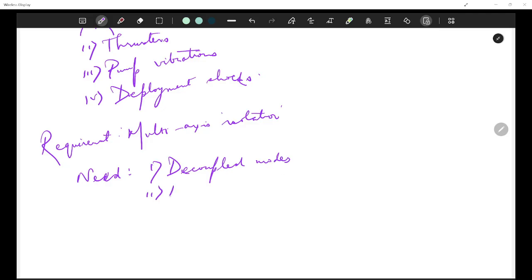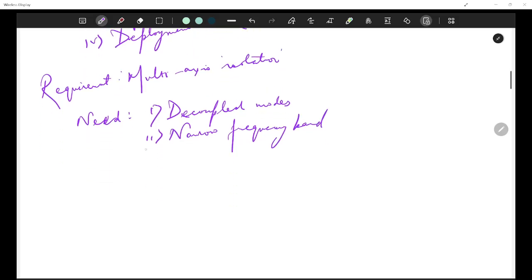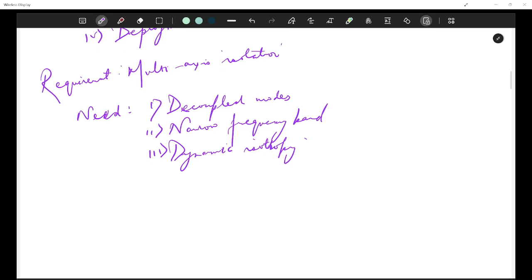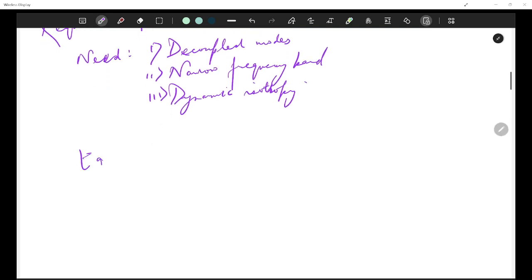And we need a narrow frequency band, and we need dynamic isotropy. After this we can model, and for the model you might have seen the equation of motion.